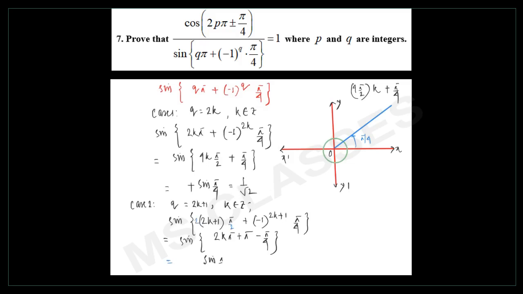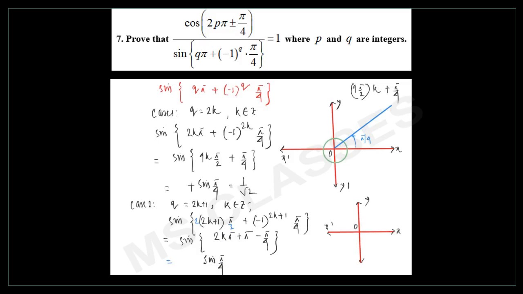Now you have to understand which quadrant this terminates in. Based on that you can conclude. And that is also very easy. 2 pi into k. You can think it in this way. 2 pi means one complete circle. And k times means k times circle you come. So this is x prime, this is the origin.